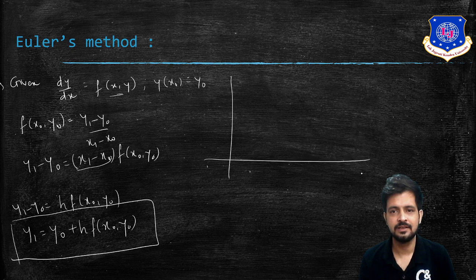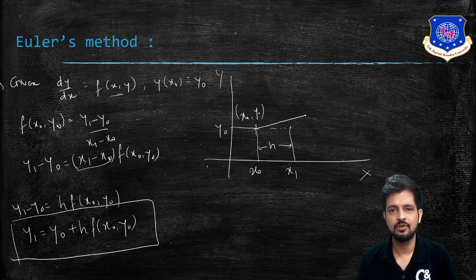Let us study that graphically. Here x-axis, y-axis, here x0, y0. This is our y0, this is our x0. So our point will be x0, y0. Here is my x1, this is my h.